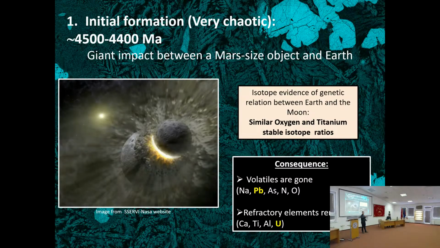Very small amounts of them remain. But the refractory elements, they remain: calcium, titanium, aluminum, uranium. When you look at the chemistry of the moon compared to Earth, the moon contains more refractory elements than Earth.